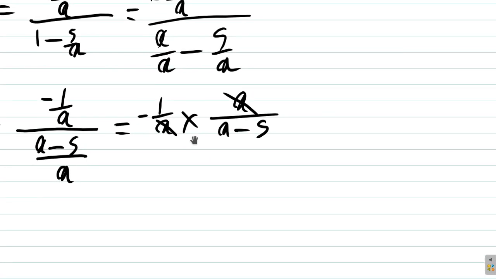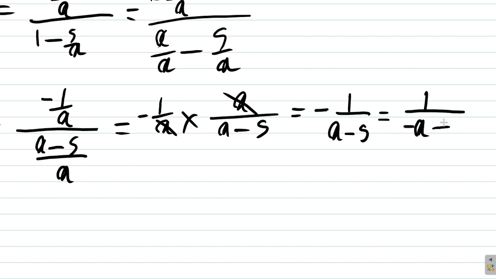What does this give you? Equals negative 1 over a minus s. But if you multiply both top and bottom by negative 1, the negative 1 up top would be a positive 1 over, the positive a would be negative a, and the negative s would be positive s. So what you would have is 1 over s minus a.